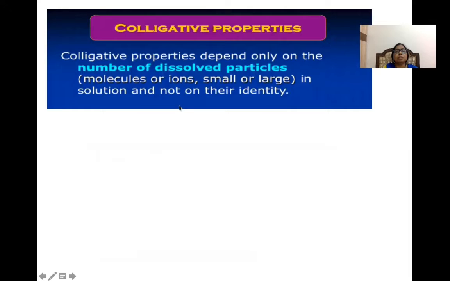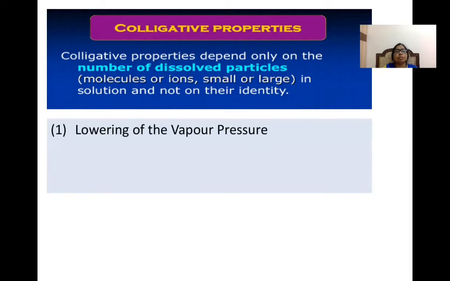So first we'll see what are colligative properties. Colligative properties depend only on the number of dissolved particles in solution and not on their identity. These colligative properties are mainly four types.